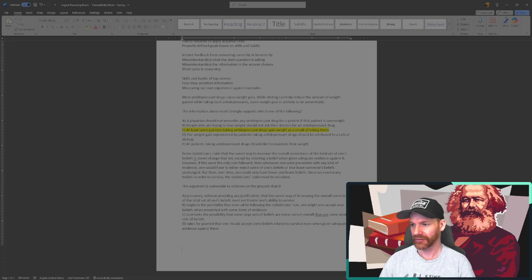That actually does track, and kind of does track in a couple different ways. So if we're looking at how the rule is applied, then whenever one is presented with any kind of evidence, one would have to either reject someone's beliefs or else leave someone else's beliefs unchanged.